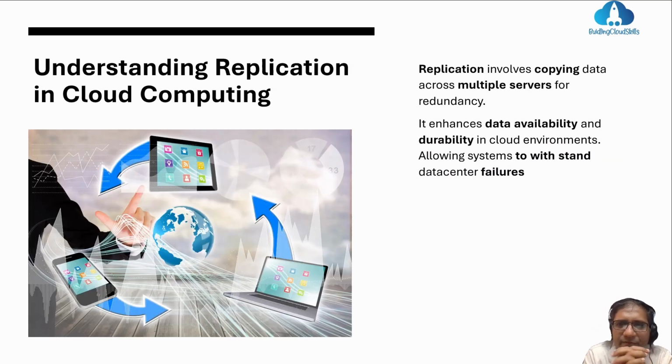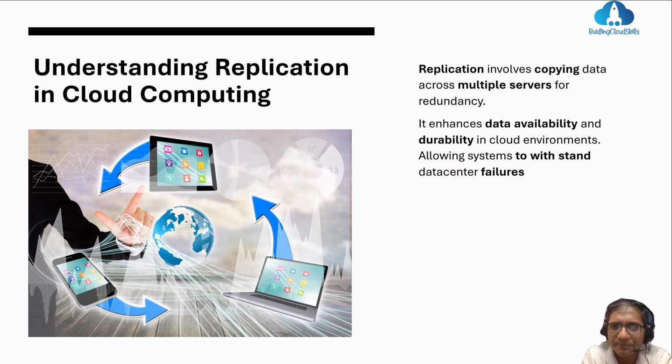Replication. Replication is a very common term in the industry, and I want to highlight this. When we copy data at multiple locations, right, we call it replication. This improves both durability and availability. So if the same data is copied at two or three places, and one place has an outage, I can retrieve it from the other place.